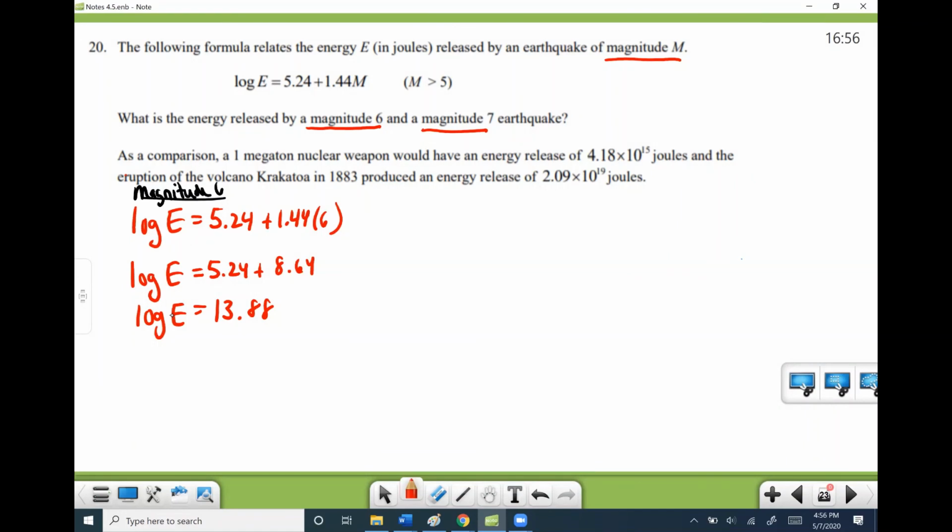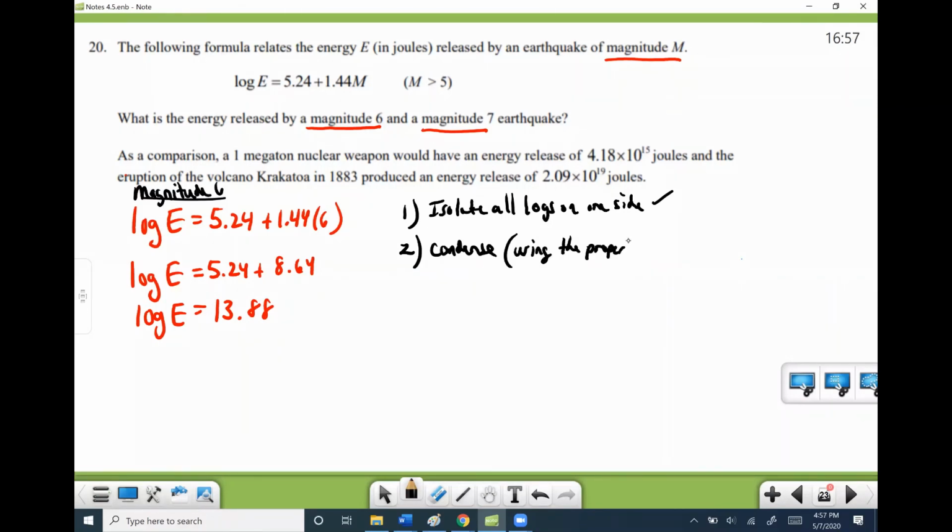Okay. So we're solving the logarithmic equation now, right? Different steps. Step 1, isolate all the logs on one side. Done. Step 2, condense into a single log using the properties. Done.